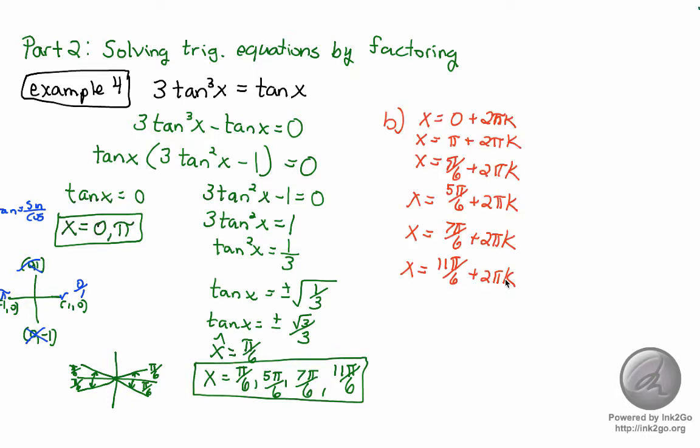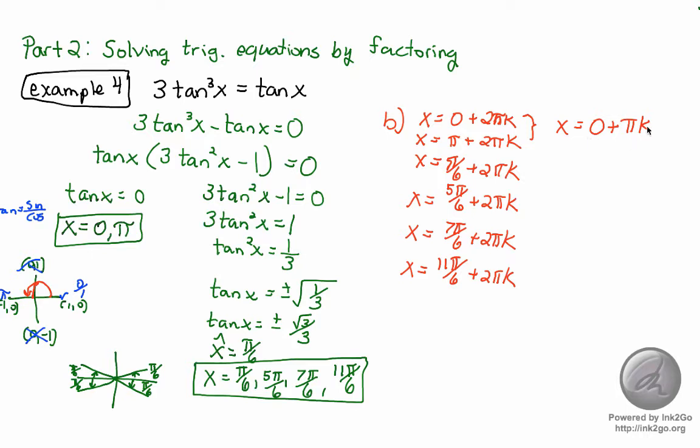So to find all my solutions, I can write this just like I did the last problem, taking each of my 6 answers and adding 2 pi k. But that's a lot to write down, and that's very tedious. If I notice a pattern, for example, I notice that 0 degrees and pi are exactly pi from each other. So I can combine these two and simply write this as 0 plus pi k.